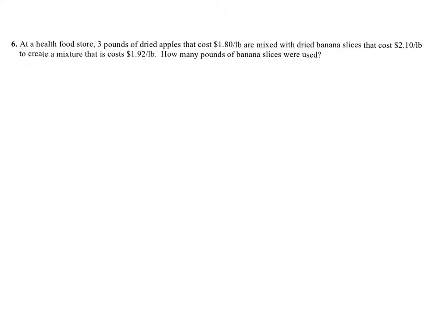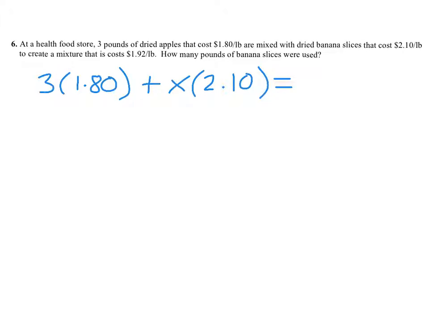So we took 3 pounds, and those were $1.80 per pound. And we mixed with dried banana slices. We don't know how much. We know what they cost, we just don't know how many pounds. And at the end, the amount we had was 3 pounds plus x pounds, and the price of it was $1.92.